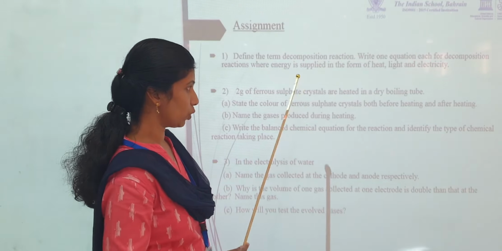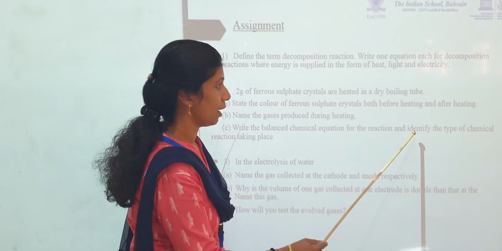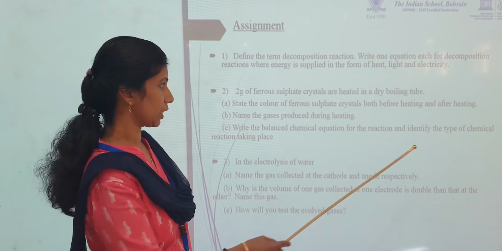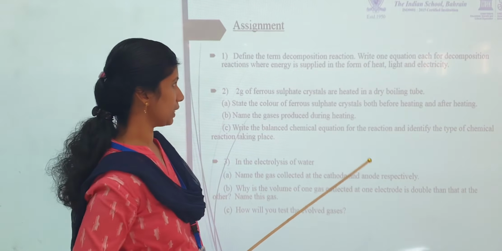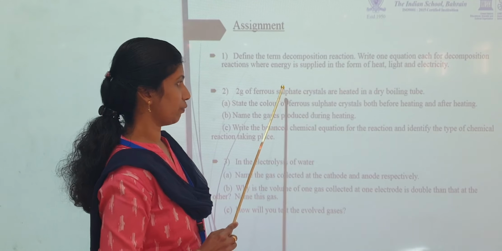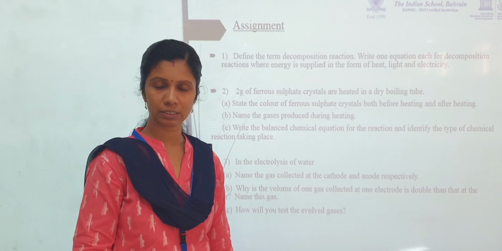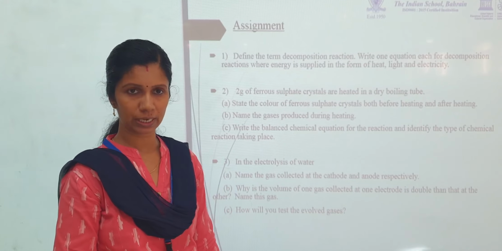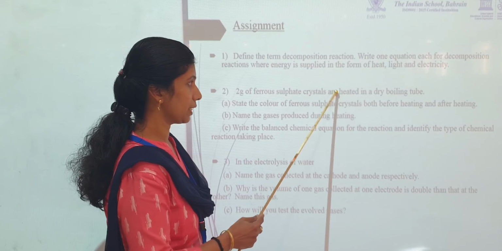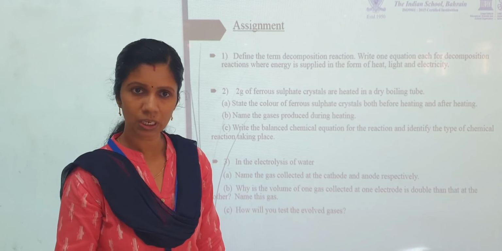Name the gases produced during heating, write the balanced chemical equation for the reaction and identify the type of reaction. Identifying the type of chemical reaction means this is decomposition of ferrous sulfate. When we heat ferrous sulfate crystals, it decomposes to give ferric oxide, sulfur dioxide and sulfur trioxide, and we are using heat energy here. We are heating this one, therefore it is a thermal decomposition reaction.